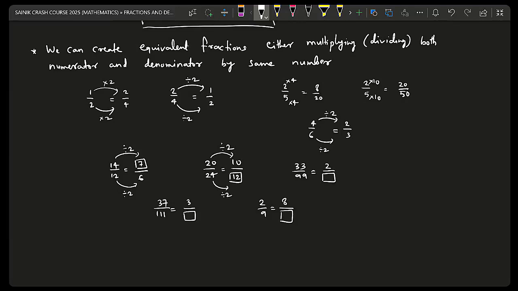Let's ask Samatvika. Samatvika, can you answer the third one? Tell me the answer. 2 divided by how much? In the box, what will be there?